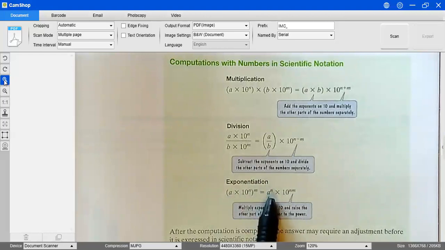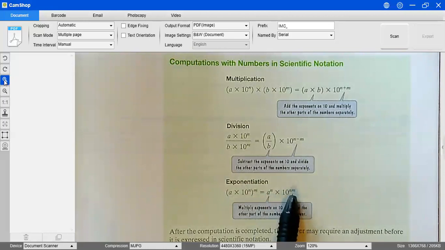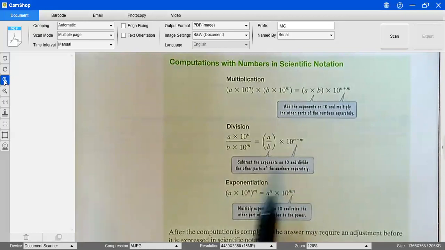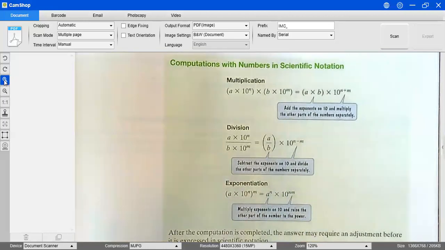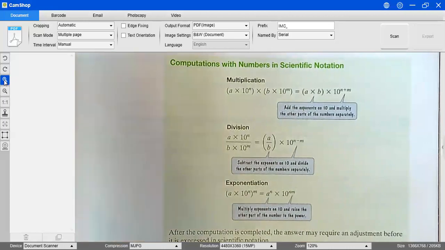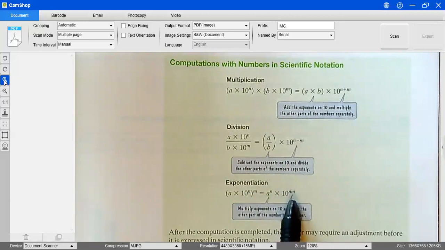It should be a to the m, because m is the exponent that you are distributing. A to the m times 10 to the n times m, so this is correct. But this should be a to the m. So you raise the mantissa to the power, a to the m, and you raise the power of 10 to another power by multiplying the exponents.